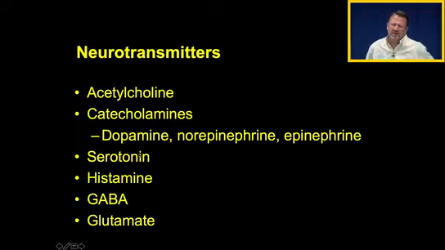Serotonin is 5-hydroxytryptamine, 5-HT. And what's confusing is that when we talk about antidepressants and disorders of mood, we'll talk about norepinephrine and serotonin as if they are two neurotransmitters that are related in mood disorders, because they are.